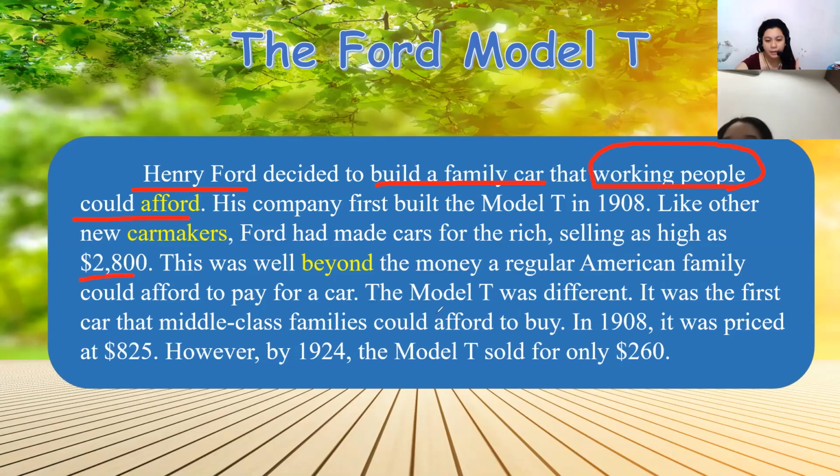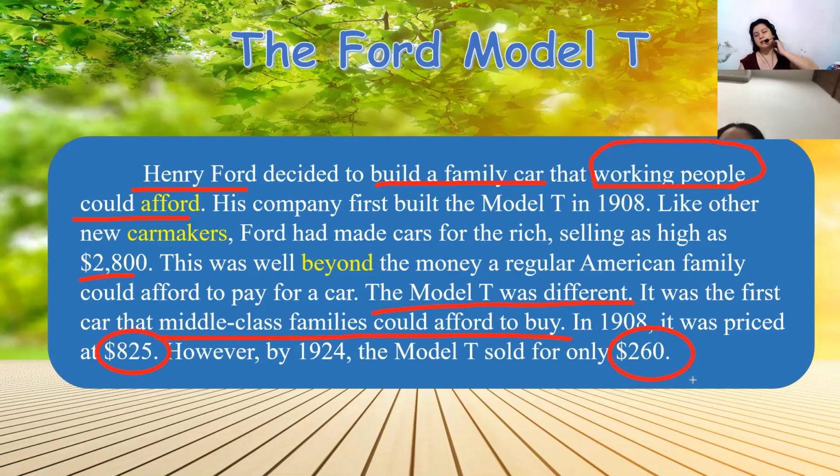But the Model T was different. It was the first car that middle class families could afford to buy. So meaning the people who are working can afford to buy it. During 1908, it was priced at $825 only. But during 1924, it was sold for only $260.